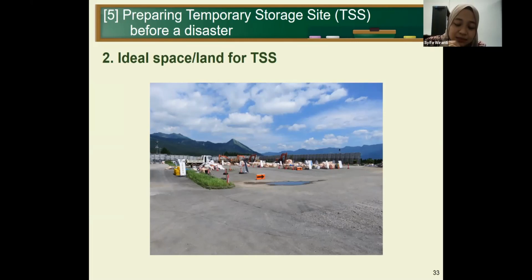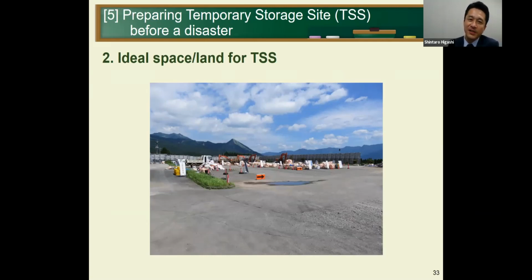I think this might be a car park. Do you think the landowner will allow it to be used as a temporary storage site? If this is a car park, we can utilize it as a TSS, I think. But it is important to identify such space and discuss with the owner before disaster happens.